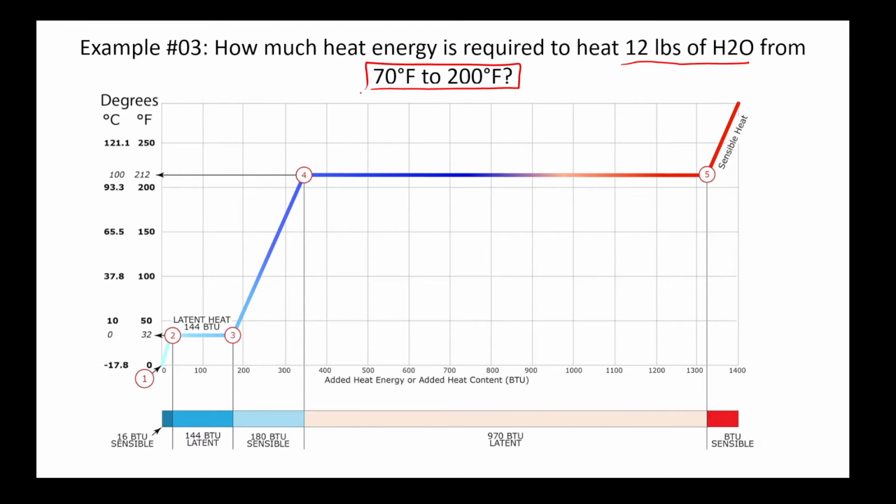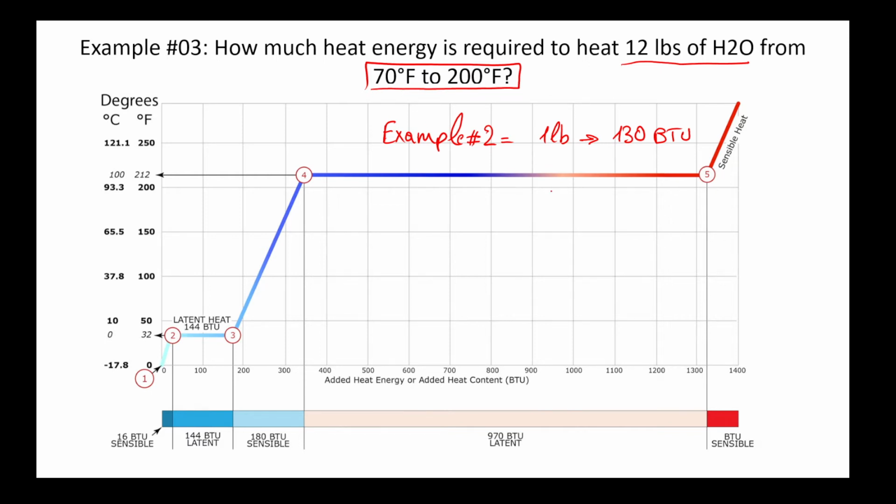Well, in example number 2, we have calculated the same process for 1 pound, and we ended up having 130 BTUs used. Okay, so in example number 3, we need the same heating up of water from 70 degrees to 200 degrees, but for 12 pounds.